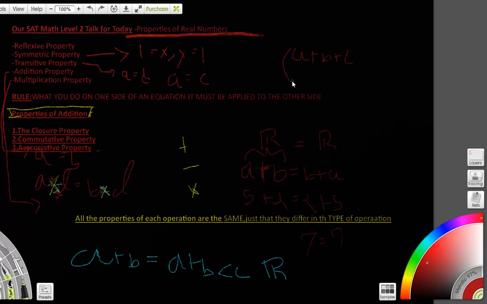So perhaps this would mean we have to do a plus b first, and this would mean we have to do b plus c first. Depending on where the parentheses are, you have to change what numbers you add first, but that does not actually change what the sum is.